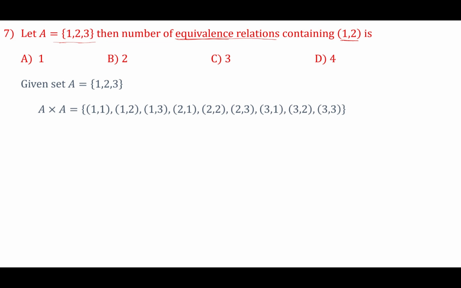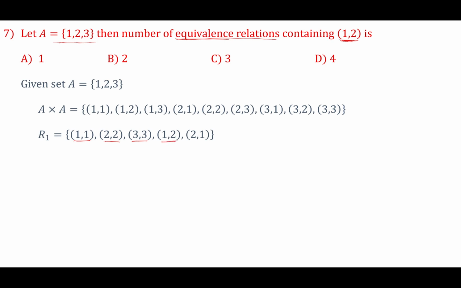And in this one, I'm going to consider the first relation. I'm naming it R1, which has (1,1), (2,2), (3,3). This satisfies reflexive relation. And in this relation, (1,2) must be there. So (1,2) is there.